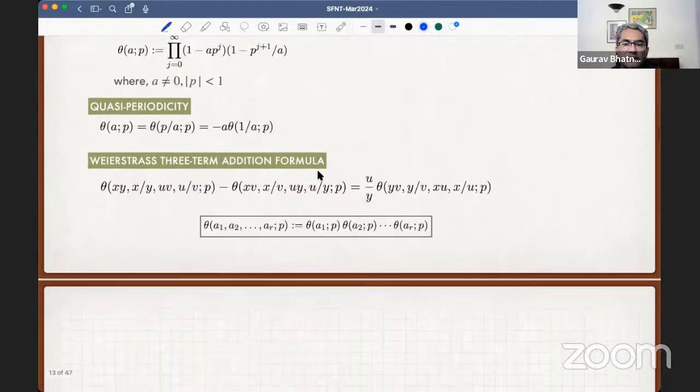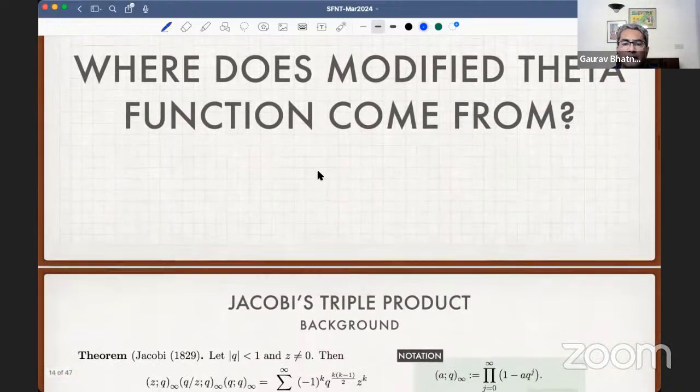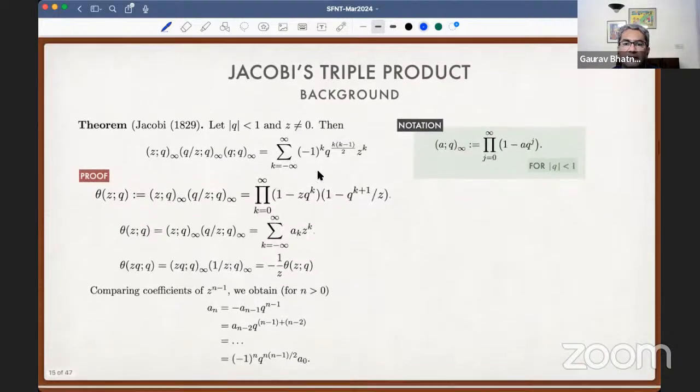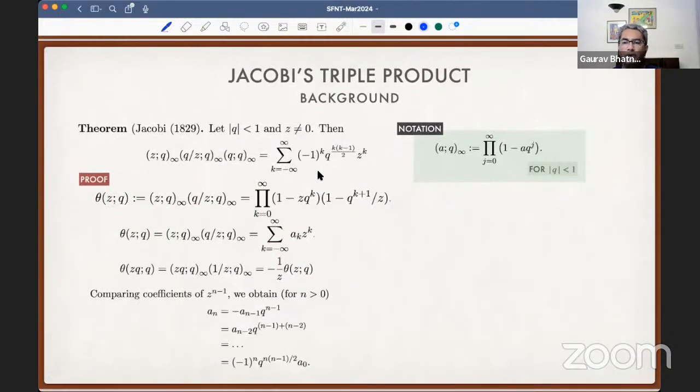And where does this come from? It shows up in Jacobi's triple product. So here's where it comes from. If you take sine pi z over pi z, and you write it as an infinite product, you write it as the product over n from 1 to infinity of 1 minus z squared over n squared.